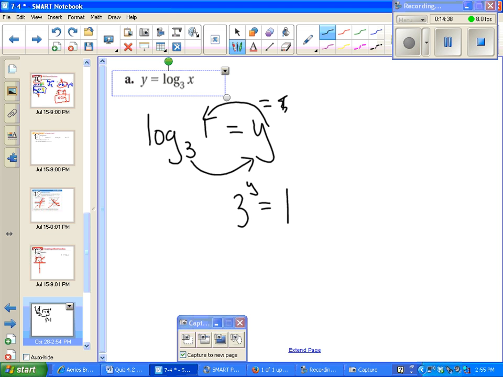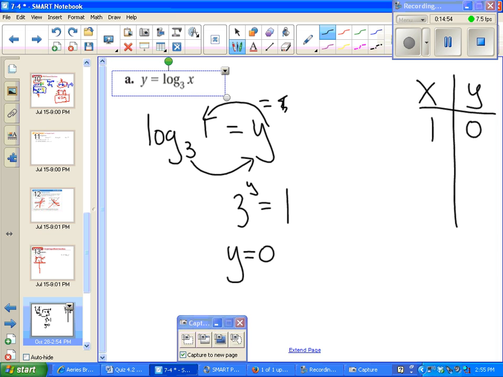And we should all know 3 to what power equals 1? Anything to the 0 power equals 1. So y is 0. So that's going to be one easy number to plug into our table. Always plug in 1. Your output will be 0. Now we have to figure out one more easy number to plug in for x. We just chose 1. We can't plug in 0. Let's talk about why we can't plug in 0.